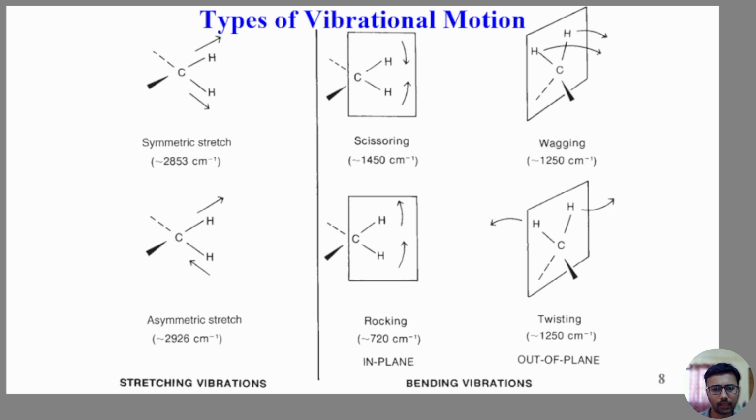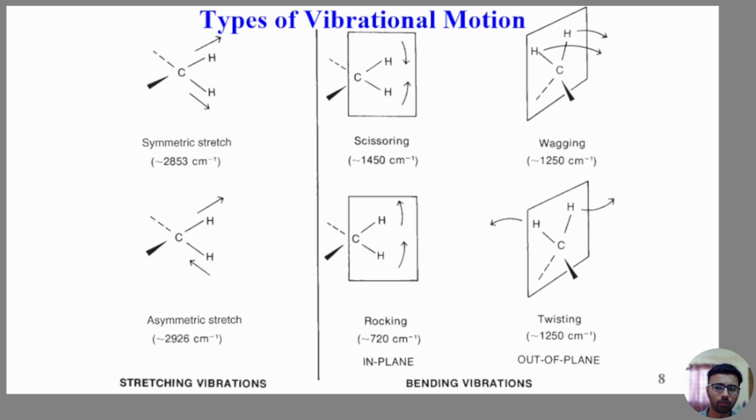First is called scissoring. In this motion, two atoms move toward each other and away from each other. The bond angle opens and closes just like a pair of scissors. For the CH2 group, this motion typically appears around 1450 cm⁻¹. The second type is called rocking.